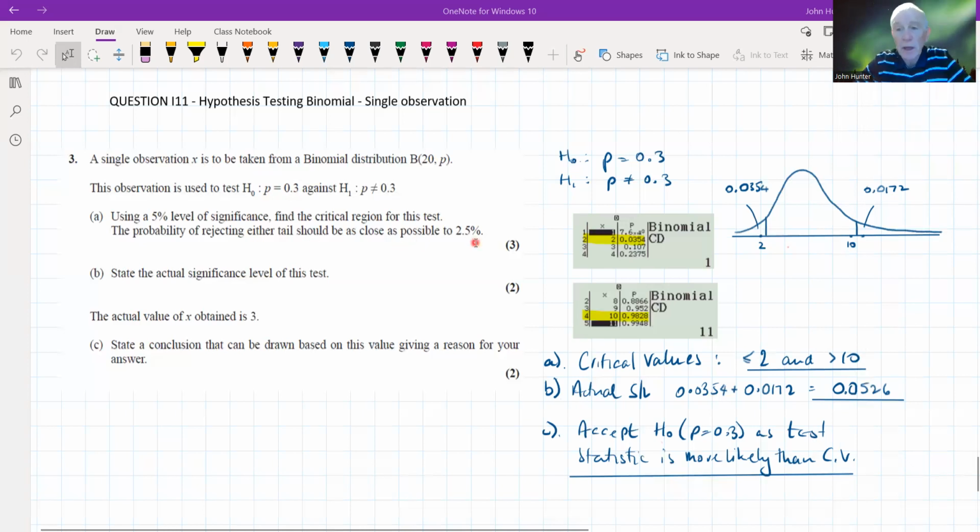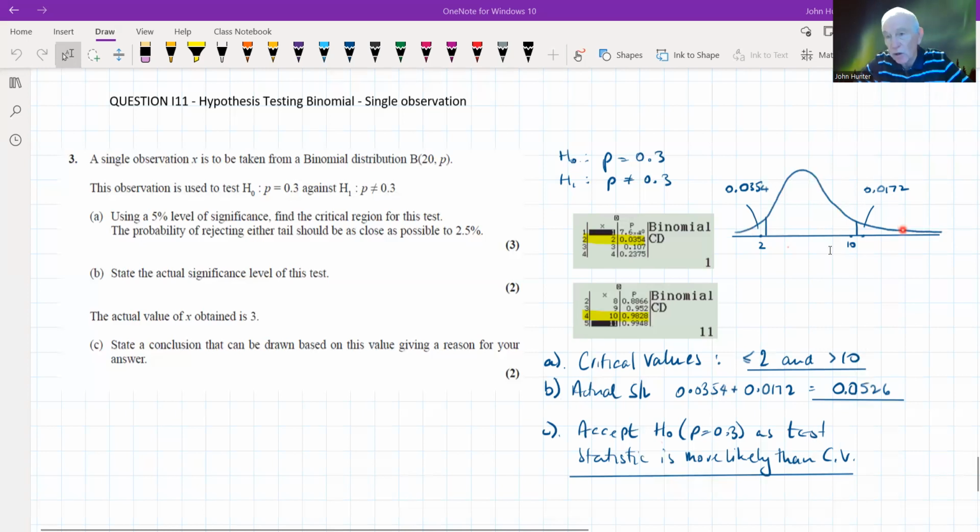Now, the thing, of course, with a discrete distribution, such as the binomial, is that our critical region can only be whole numbers. It can only be a number of successes, and those numbers don't necessarily correspond to these nice round number percentages that we've got here. So here's a bit of an idea of the distribution.